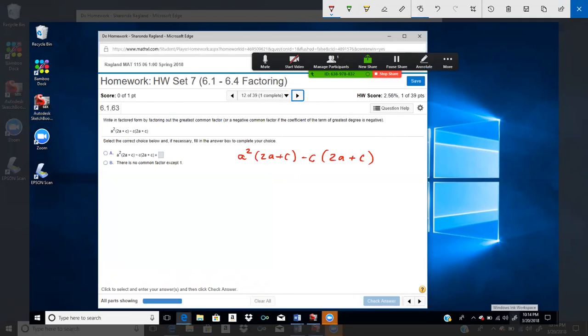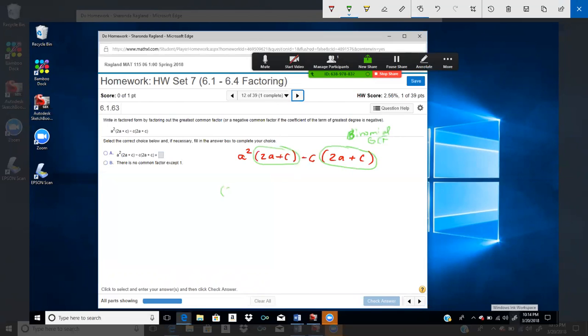Good, they have the 2a plus c in common. This is called a binomial GCF. This is used when you're factoring by grouping. This is the part where you want to get to. Once we get to this, normally we only have one step to get to the answer, unless there is more work to do. So the binomial GCF is 2a plus c.